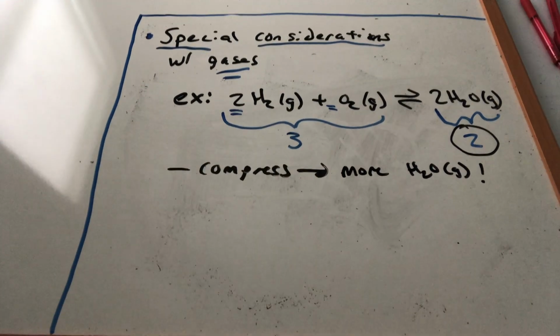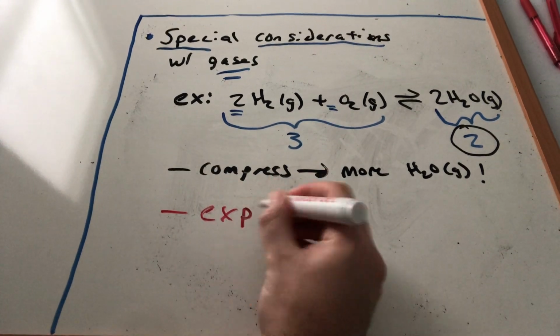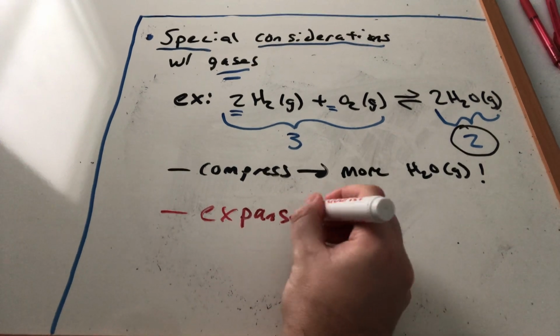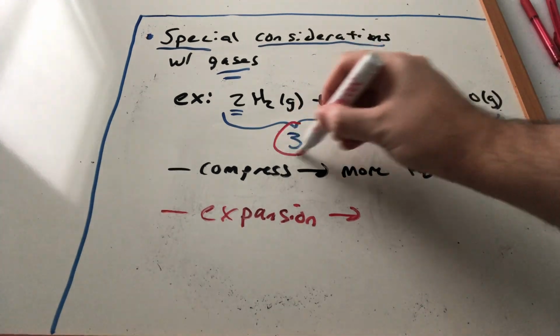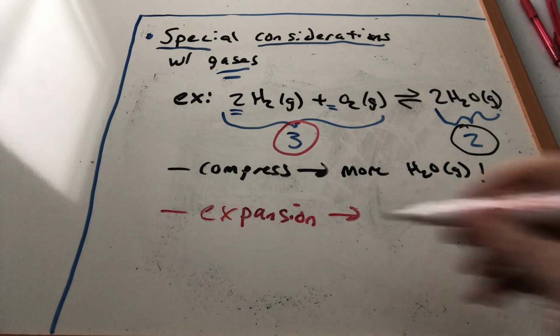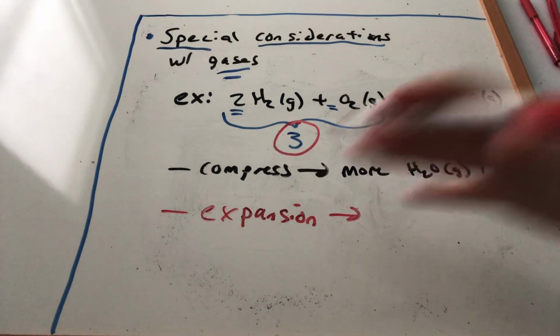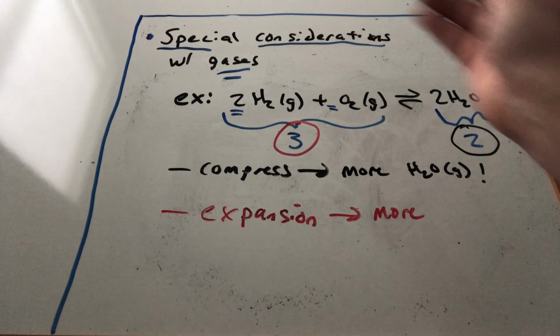For this reaction, if we expand the container holding these gases, we know that for an expansion, the side with more moles of gas is favored. So if I have this set up at equilibrium, but I expand the container, I make it bigger, then actually what you're going to get is more reactant.